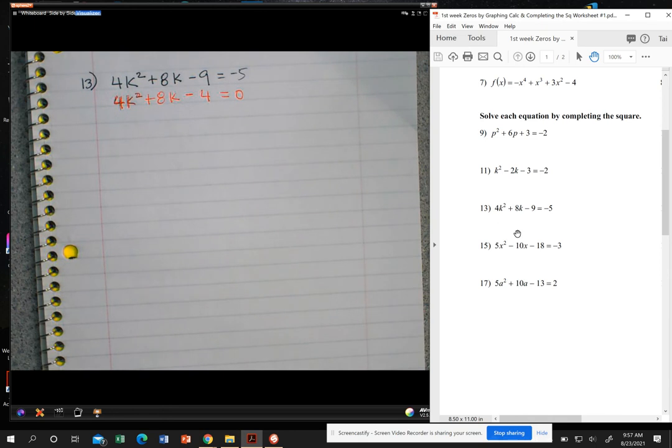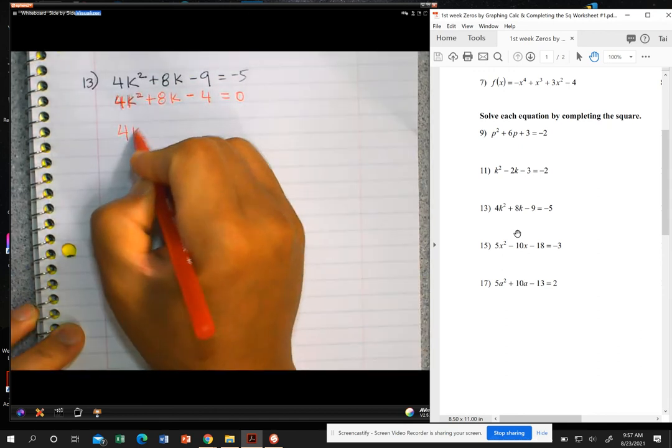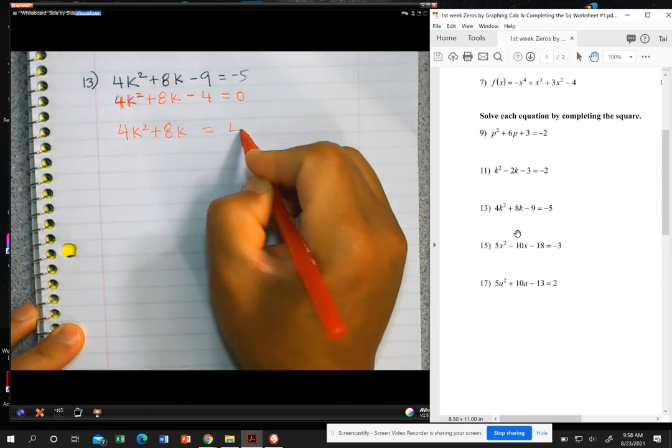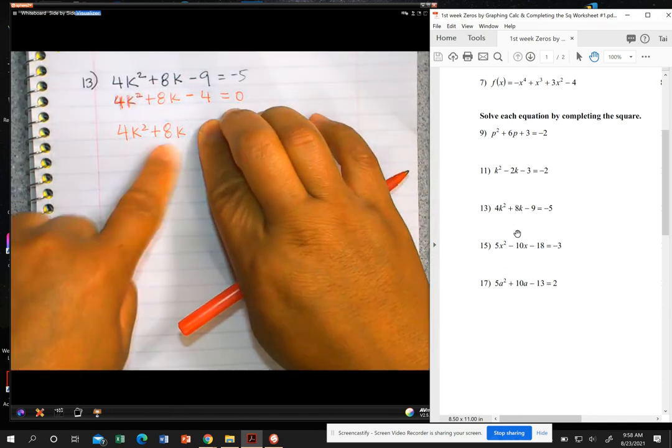Alright, very similar. So what will be our next step? Add 4. So this will be 4k squared plus 8k is equal to 4. That's correct. What's step number 3? Factor. So we only factor from here.